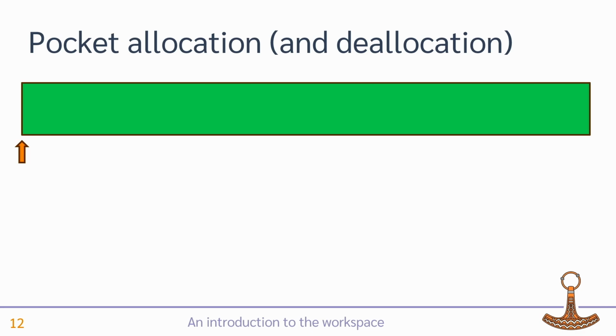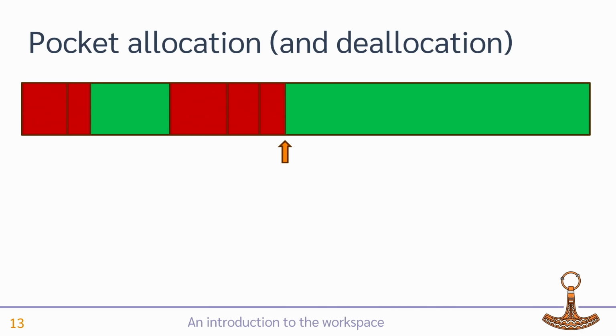Let's look at a workspace from the very beginning. So here we've got a big empty workspace. It contains a single huge free pocket. And our allocations start off very simple because there's all this free space. We just grab some space, grab some space. Each time we grab some, we make a new free pocket for the remaining space. As we go through, occasionally, in fact quite frequently, we'll free pockets.